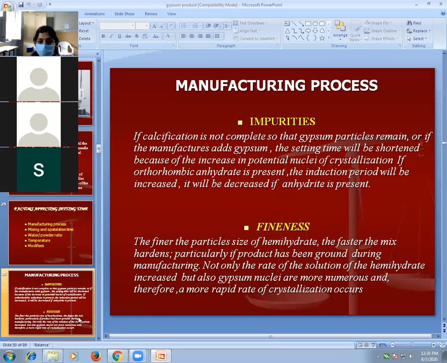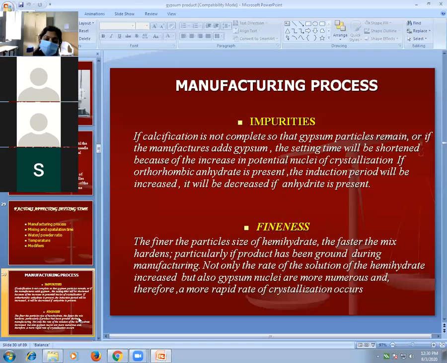If the calcination is not complete, so that gypsum particles remain, or if the manufacturers add gypsum, the setting time will be shortened because of the increase in potential nuclei of crystallization. If orthorhombic anhydride is present, the induction period will be decreased.